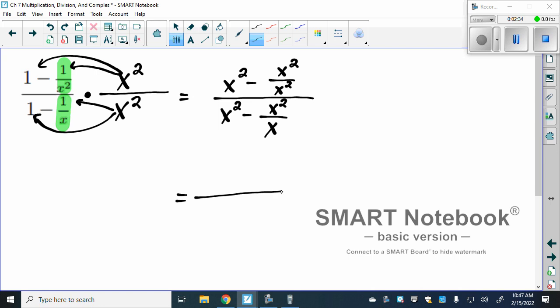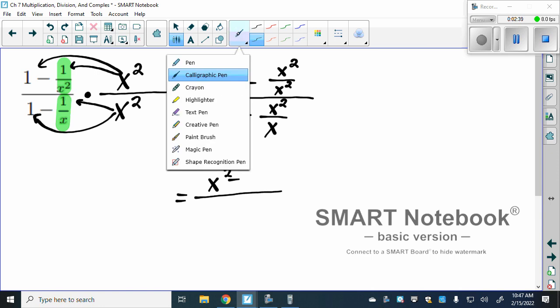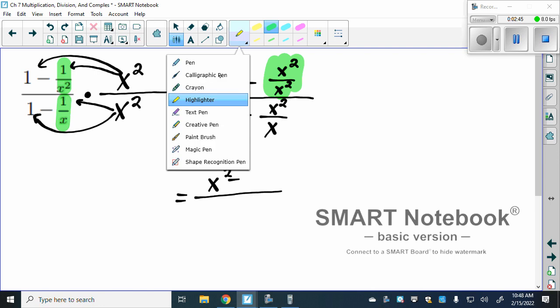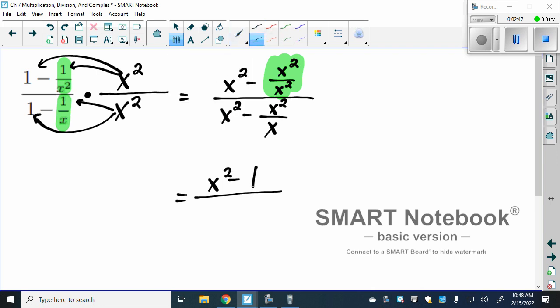Now we will have some simplification. X squared divided by x squared, this here would simplify to 1. Anything divided by itself is 1. So x squared divided by x squared would be 1.